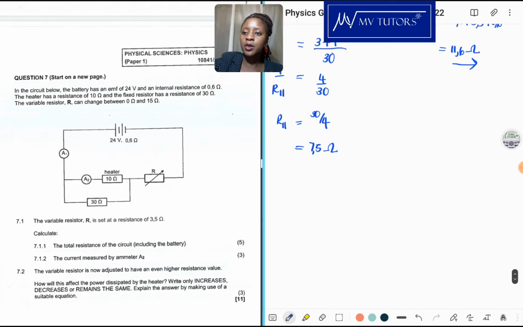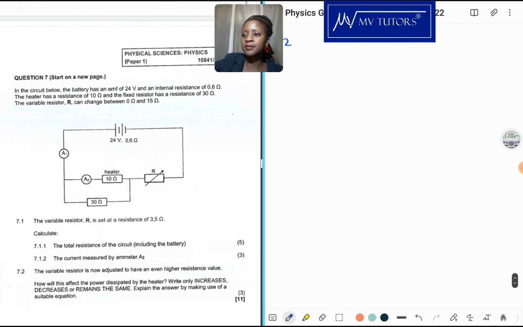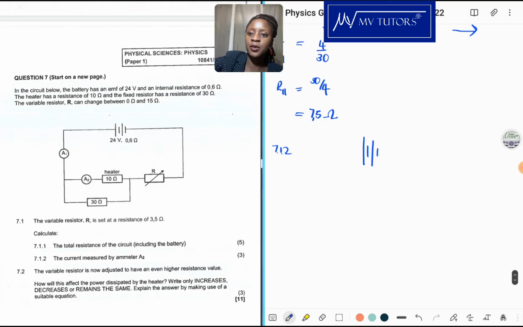Now 7.1.2. It says the current measured by ammeter A2. Okay, so again, let me just draw it out here. So there we have our circuit. We want to know what A1 is first and foremost.